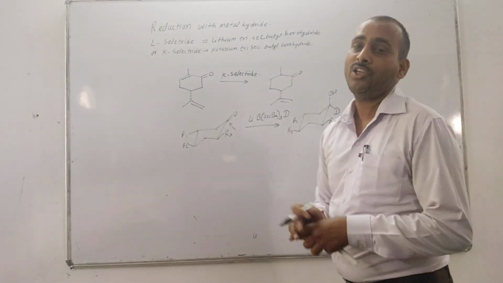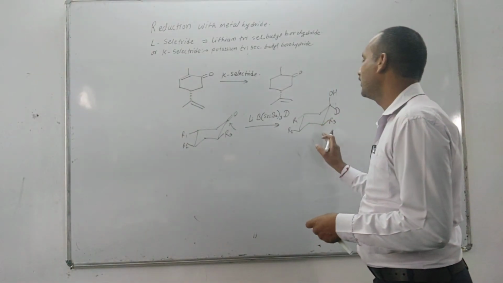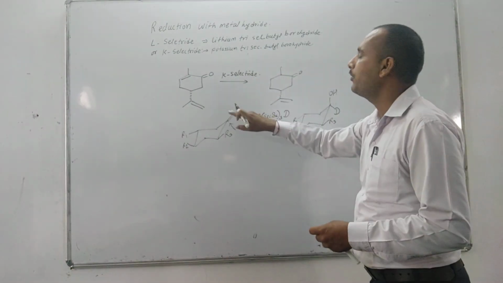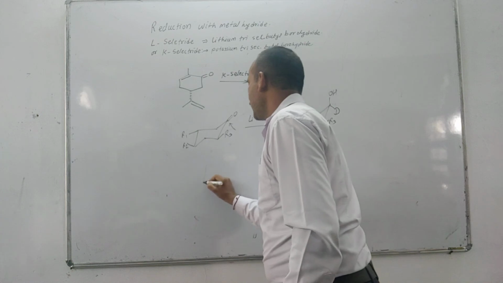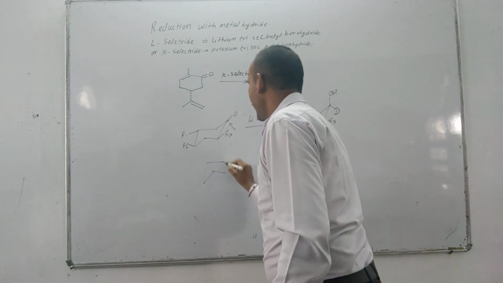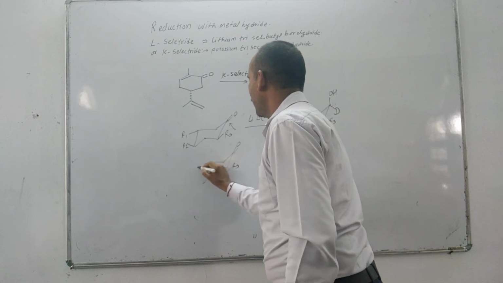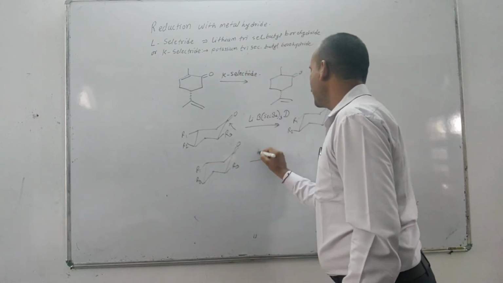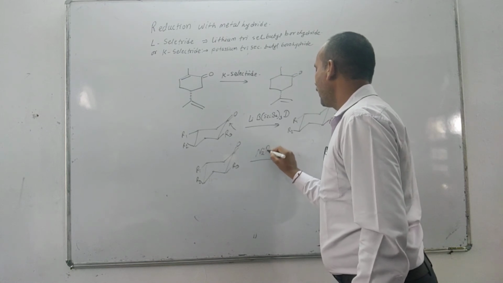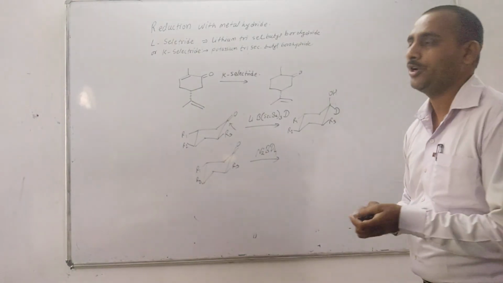If there is sodium borohydride, then the hydride attack takes place from the axial face and equatorial OH is obtained. Let's see the same reaction, R3, R1, R2, in presence of NaBD4, deuterated sodium borohydride.